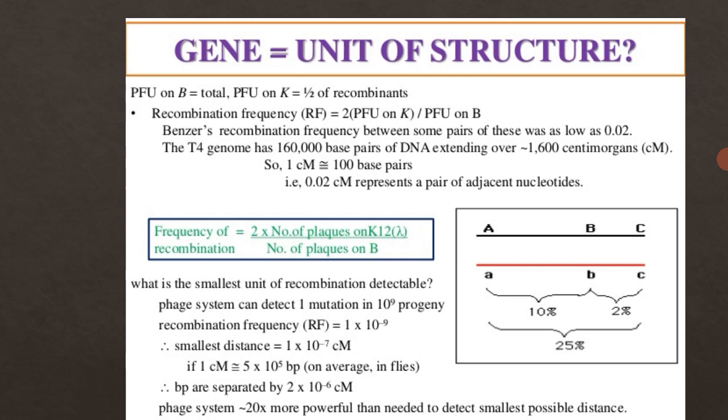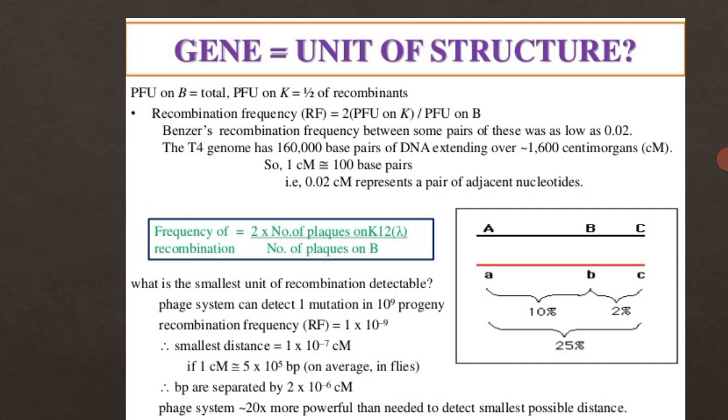Now you can see in this sequence there are two sequences, okay. So look at the last one, 25%. This is where the genes are present at a very far distance, right?